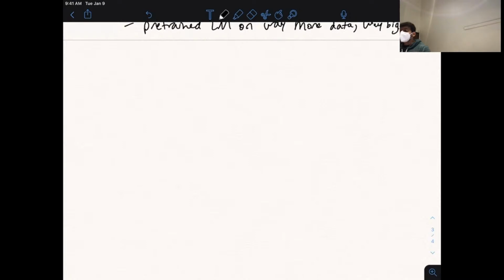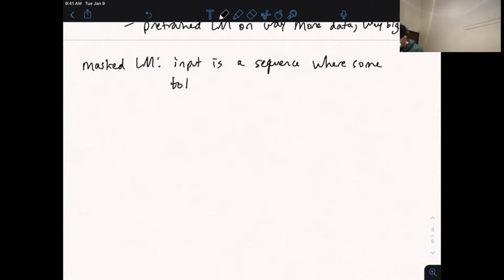So remember that we talked about language modeling as a task of predicting the next word. Masked language modeling is different in that you receive an input which is a sequence where some tokens have been randomly masked out.